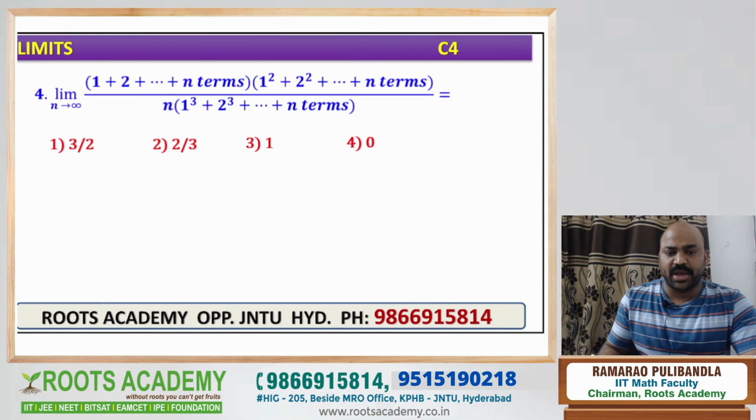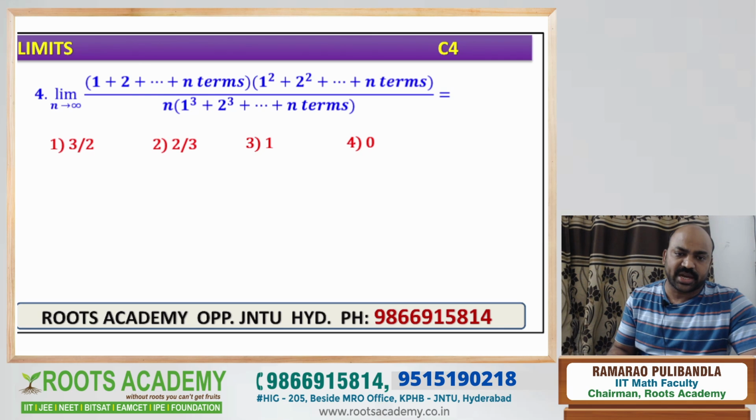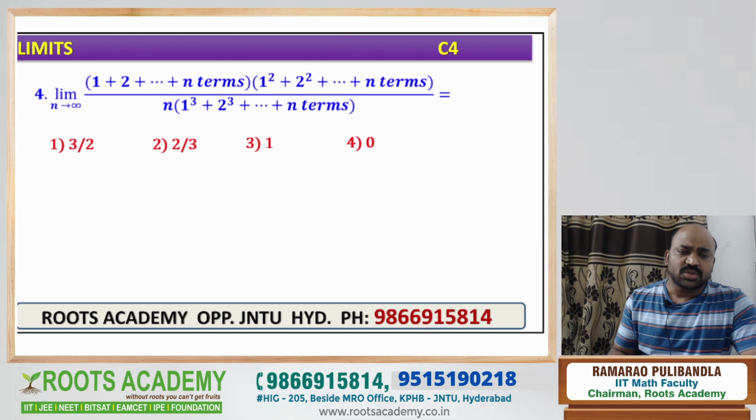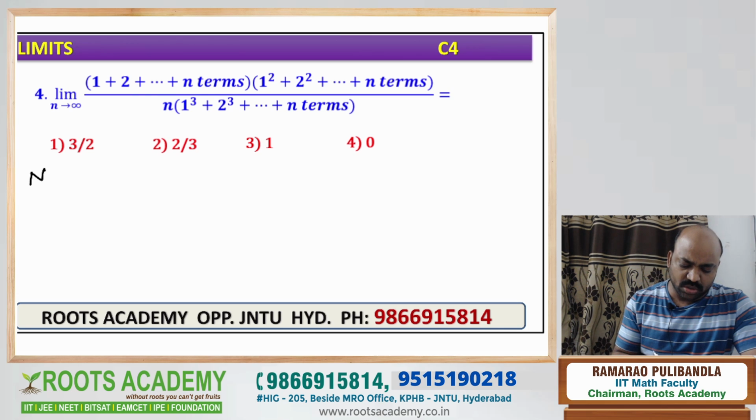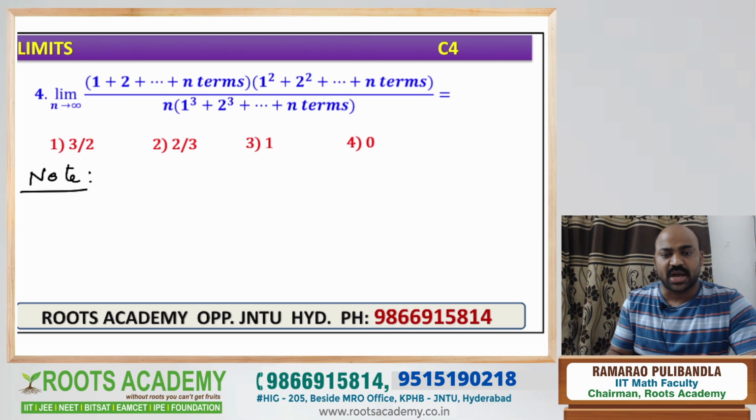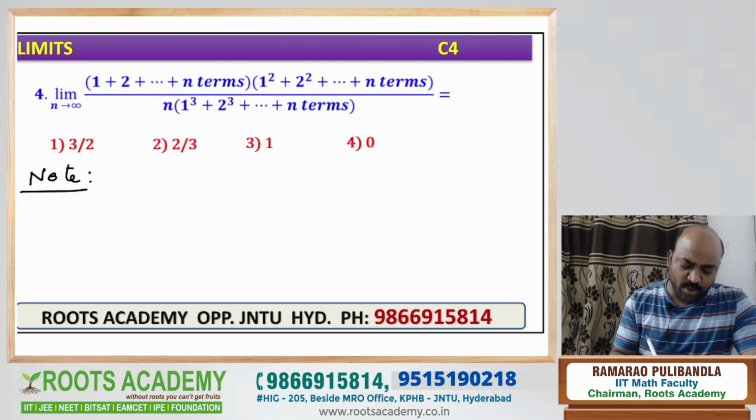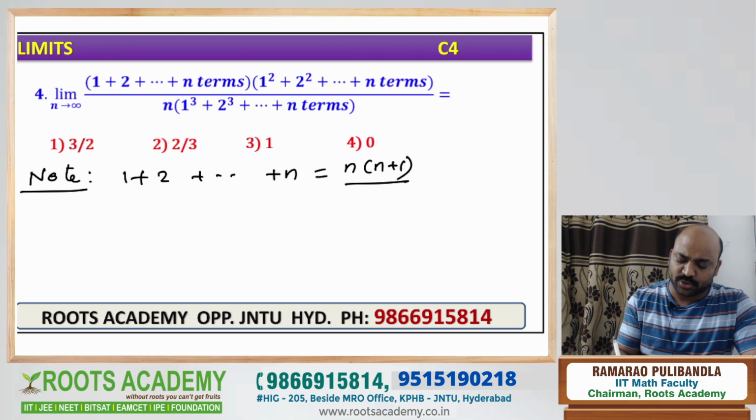Can any one of you quickly give me the answer to the third question? Do you know it from school days? Note, all of you write this note point. That's the reason I just revised all the school basics. Can you give me what 1 plus 2 plus and so on up to n is? It is n into (n plus 1) by 2.